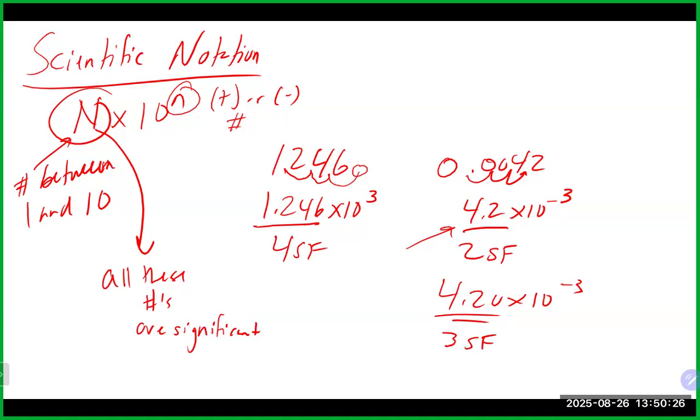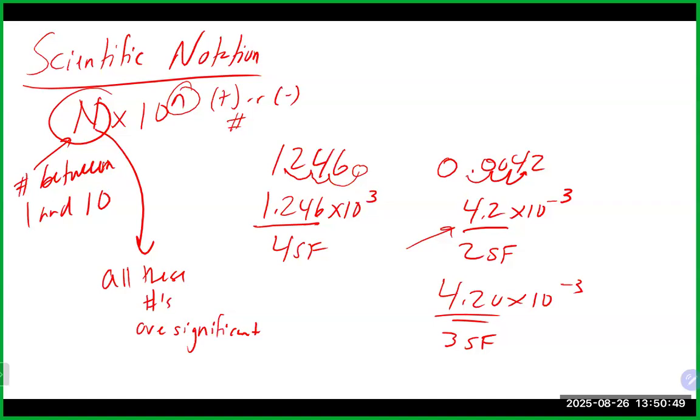So all the numbers before the times 10 part are always significant when you write it in scientific notation. And again, sometimes the only way to get the answer correctly is to do that. You do not need to write it in scientific notation for everything that you can, but you do need to try to get to the right number of significant figures.